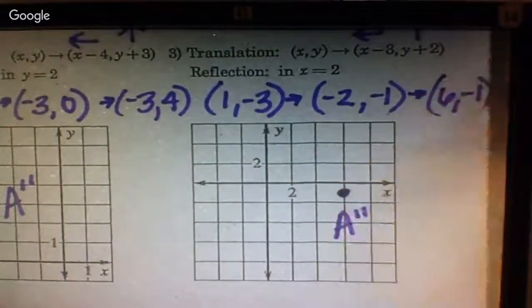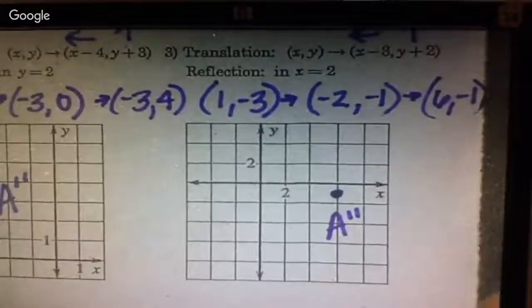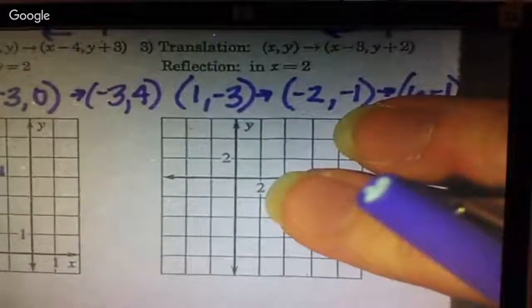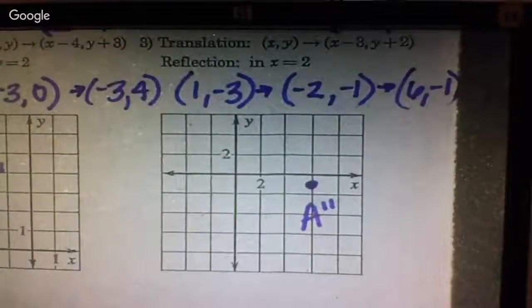Wait, how did you get 6? Because you can calculate that mentally without having to use your graph. If you want to do this mentally without doing the graph, it can be done. This is an up and down line, or a vertical line, which means it changes my X's.